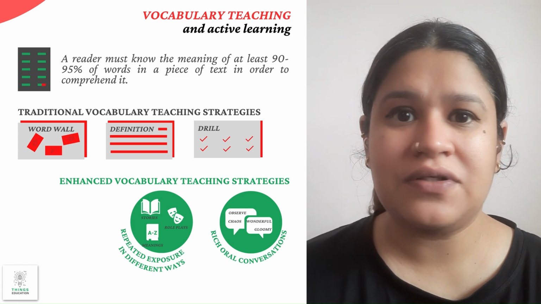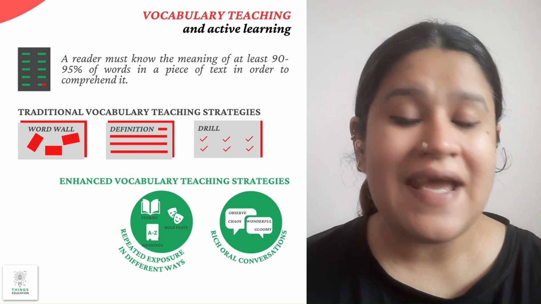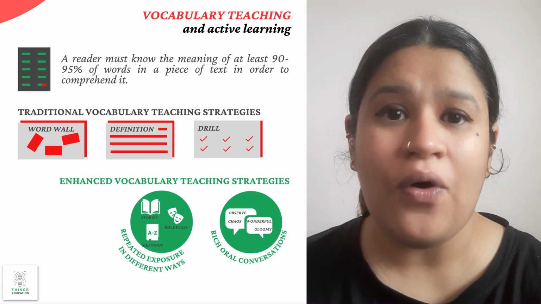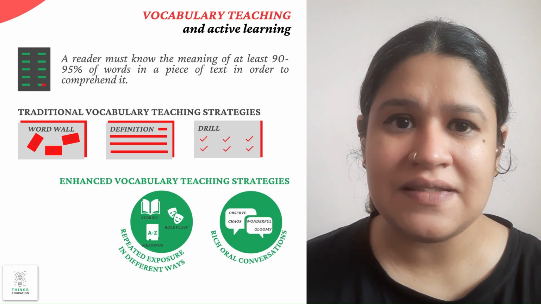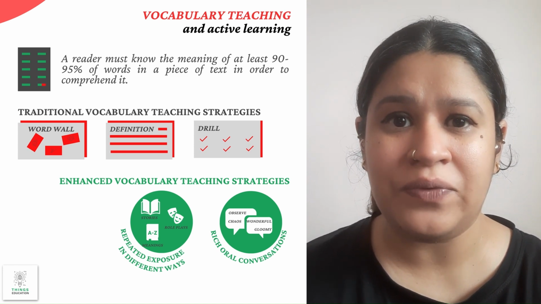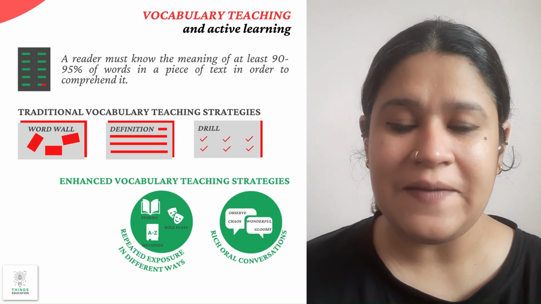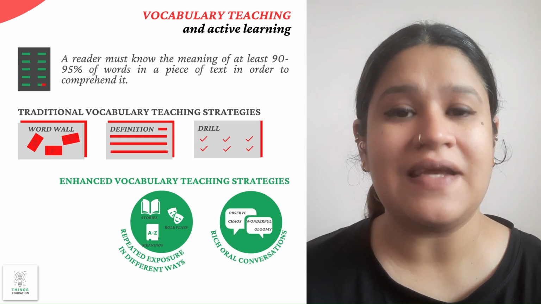Different ways of exposure include using it in conversation, using it to share an anecdote, using it in a song, using it in writing to write about different experiences. As long as students are getting at least 12 different exposures to that word in different ways over time, that ensures that word becomes part of their inner vocabulary.